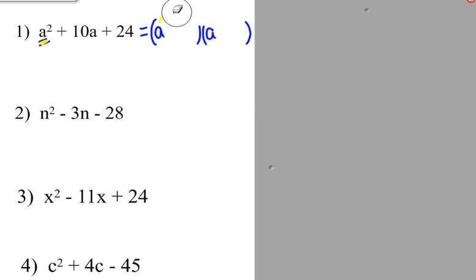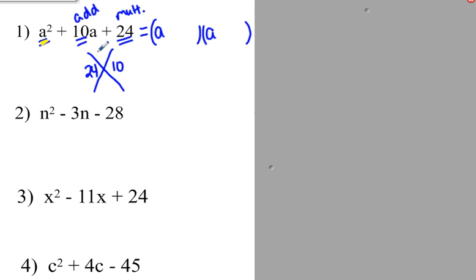The next thing that we want to do is figure out 2 numbers that multiply to give me 24, but add to give me 10. You can make a chart if it helps you out. So we're looking for 2 numbers that are going to multiply to give me 24, but add to give me 10.